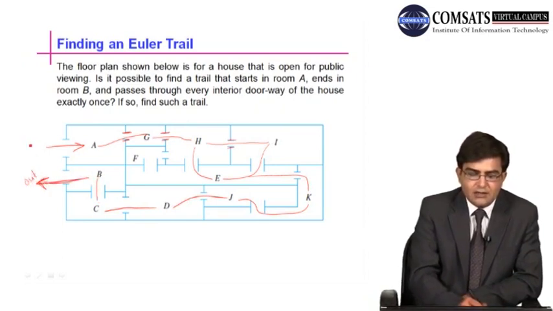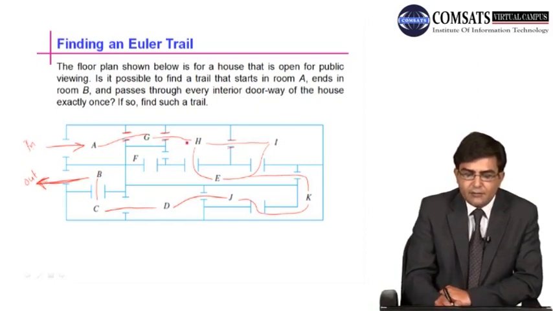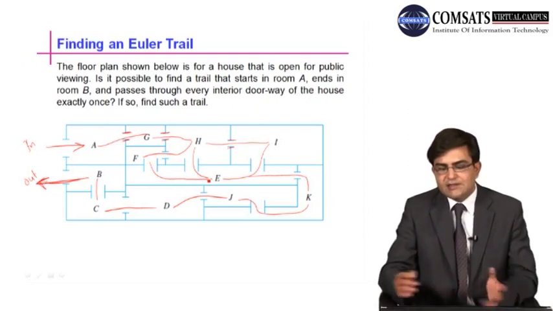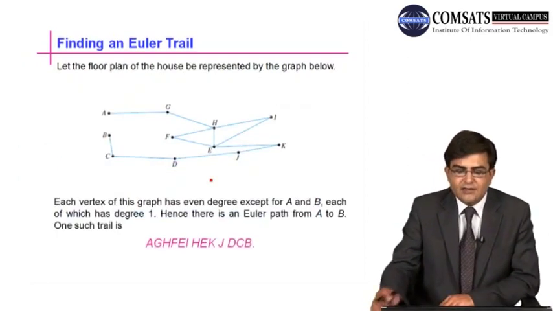This is out, this is in. Another here, from H he can go to F because there is a door here, from F he can go to E. So if we sum up all these ways, we obtain this graph.